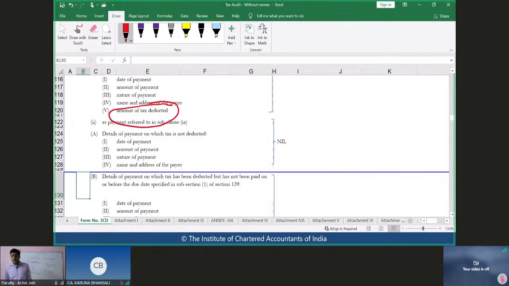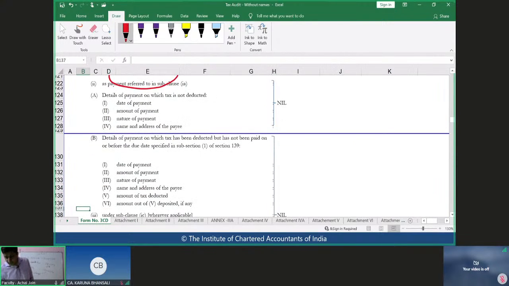Then comes the next clause which talks about payments referred to in subclause IA. Therein again we are required to report couple of things: details of payment on which tax is not deducted, details of payment on which tax is deducted but has not been paid or deposited before the due date.